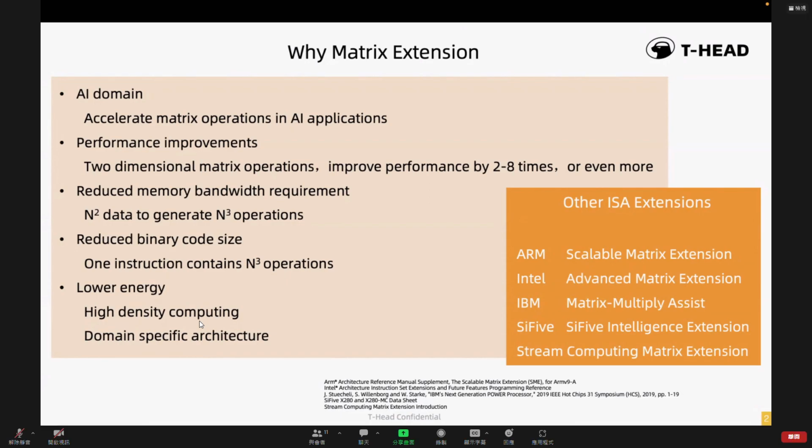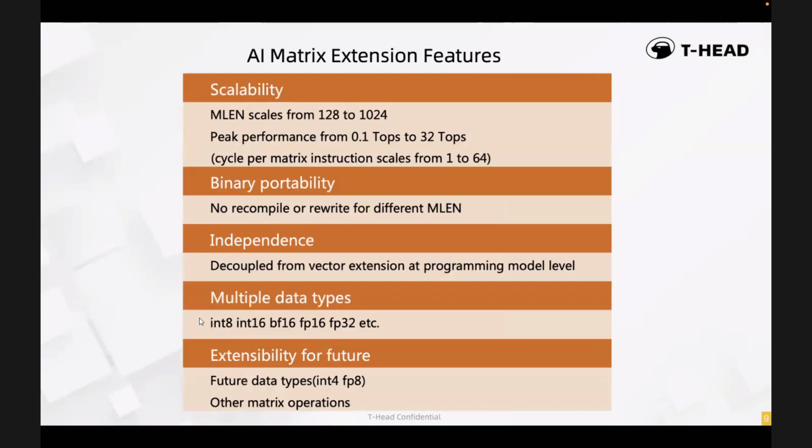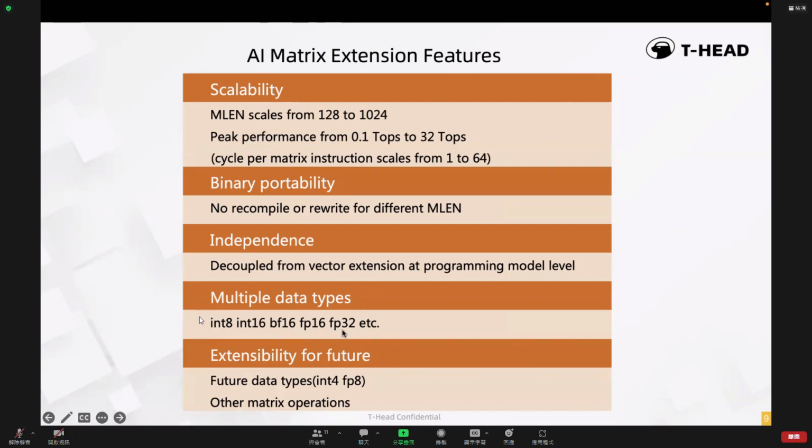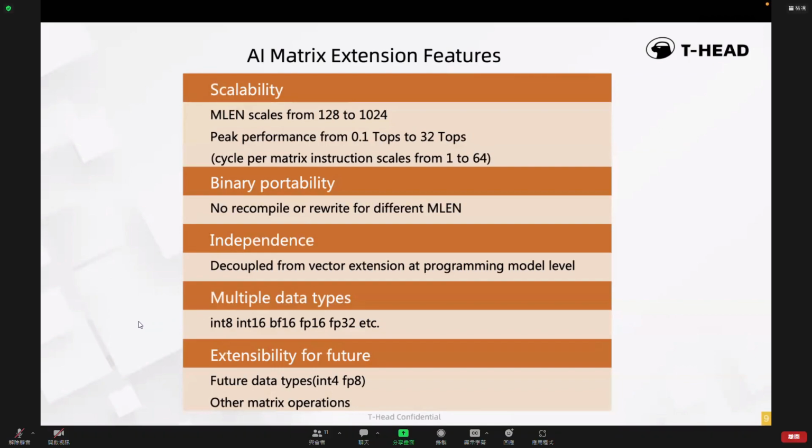Okay, yeah, our extension supports many data types such as integer 8, integer 16, BF16, FP16, and FP32, but only integer 8 is mandatory. All other data types can be prioritized according to different application needs.